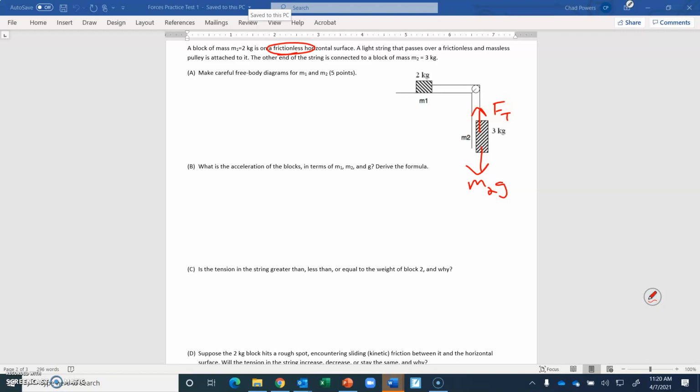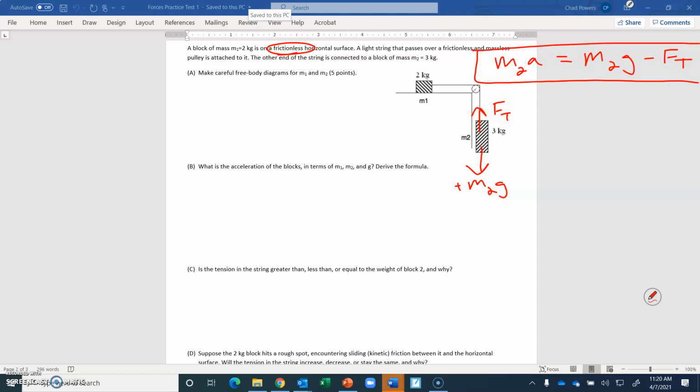We've got mg pulling down, FT pulling up. The net force equation, net is ma, equals, we like to call that positive because that's the direction it's moving, m2g minus FT. That will always and forever for a hanging mass, a suspended mass, be the same. Hopefully by now that's starting to beat its way into your brain.